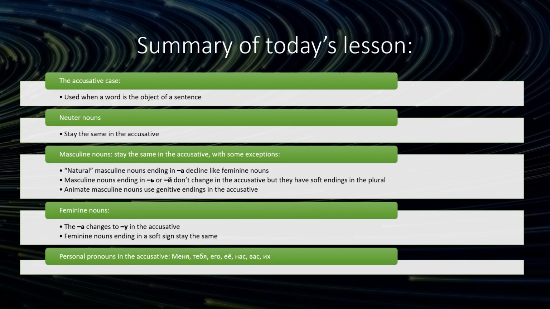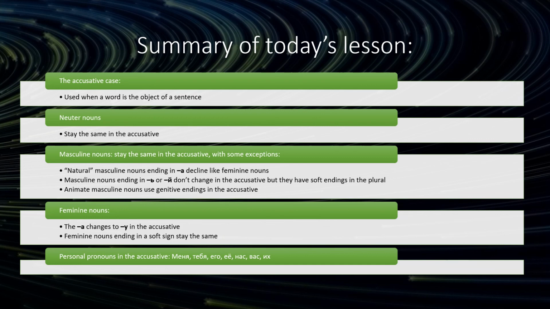Masculine nouns ending with a soft sign or an "i kratkaya" don't change in the accusative, but they have soft endings in the plural. And animate masculine nouns use genitive endings in the accusative, both in the singular and the plural forms. We also learned that feminine nouns change from "a" to "u" in the accusative, in the singular form, but not in the plural. The plural is the same.